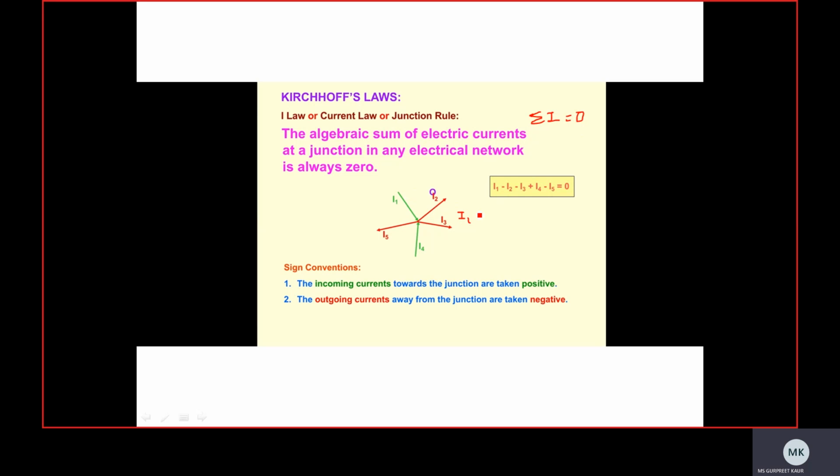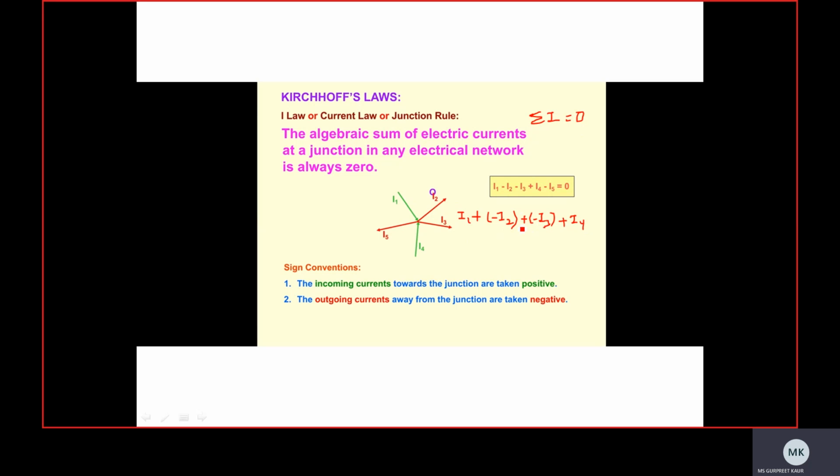that is coming towards the junction will be taken as positive, plus minus of I2 as per signs and convention. I2 is moving away from the junction, plus minus I3. I3 is the current moving away from the junction, that's why minus I3, plus I4.